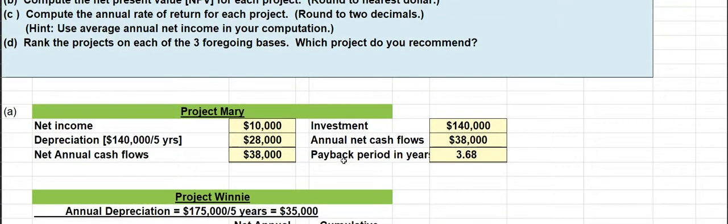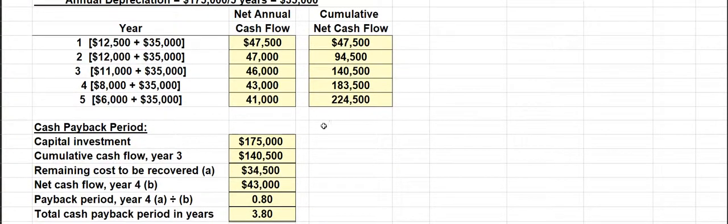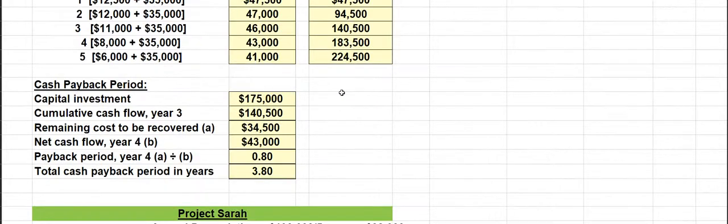So Project Winnie will take a little longer than Project Mary, 3.68 versus 3.8. And of course, we would want to get our money back as quickly as possible, and so the shorter the payback period, the better.